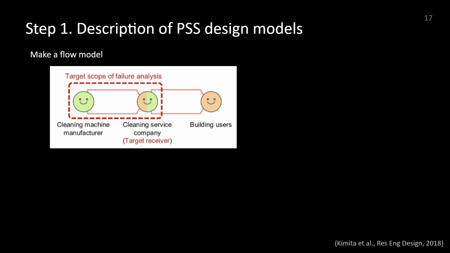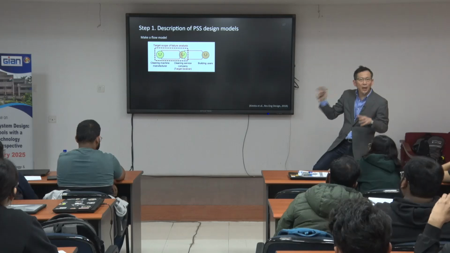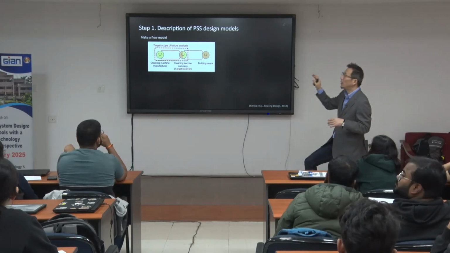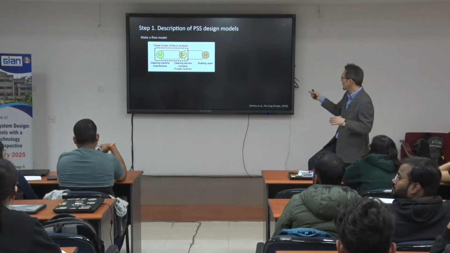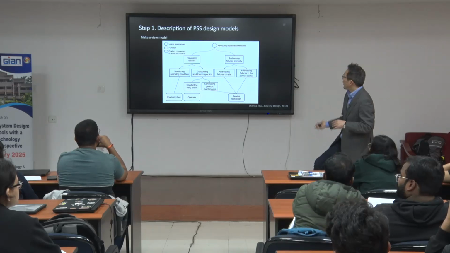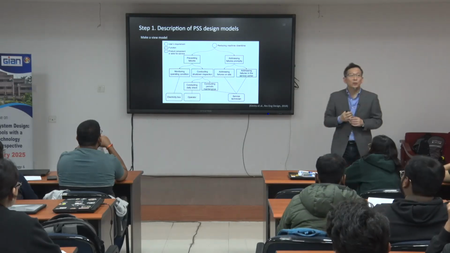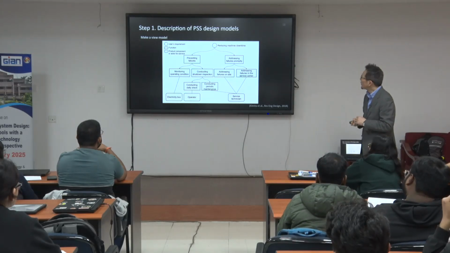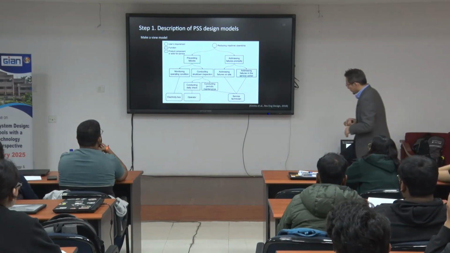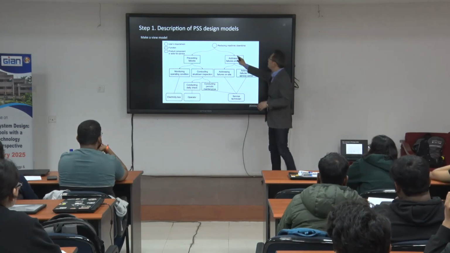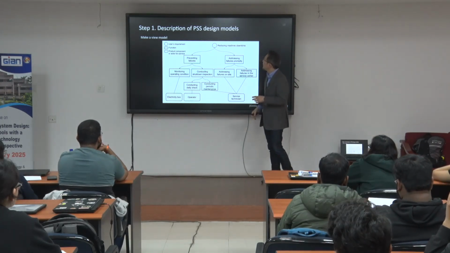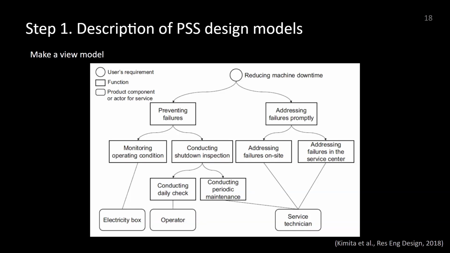And on the right-hand side, you see building owners who receive the service, right? So you can simply describe the actors and also the relations between those actors like this. And then a tree structure. And in this example, the customer value taken is reducing machine downtime.